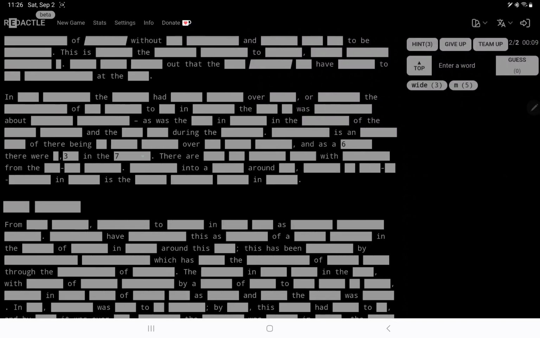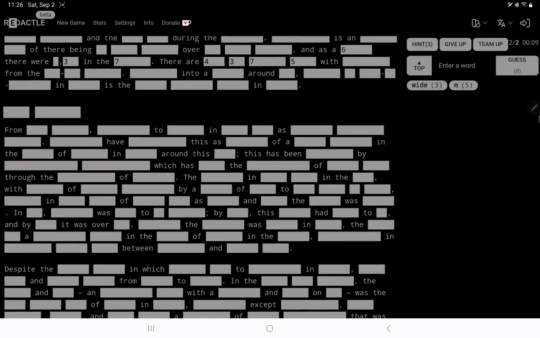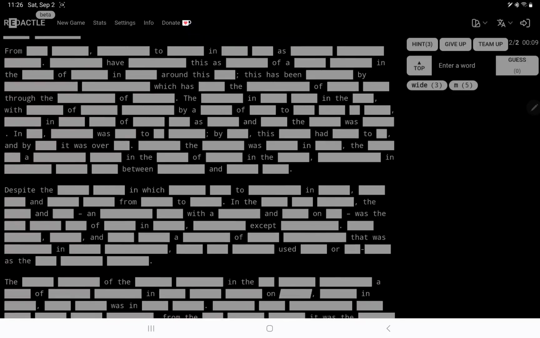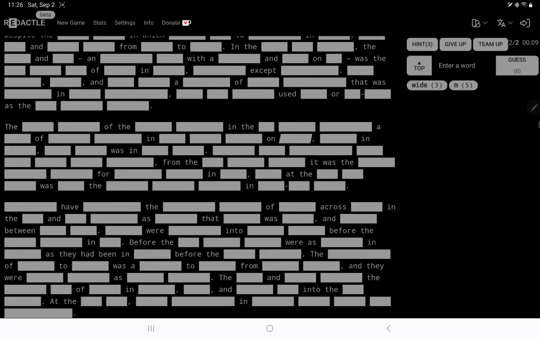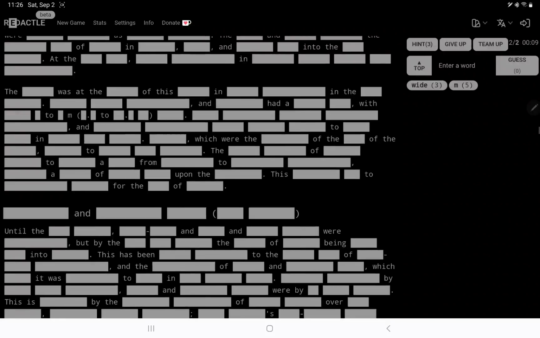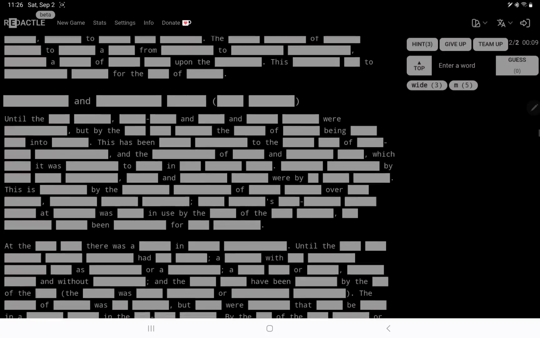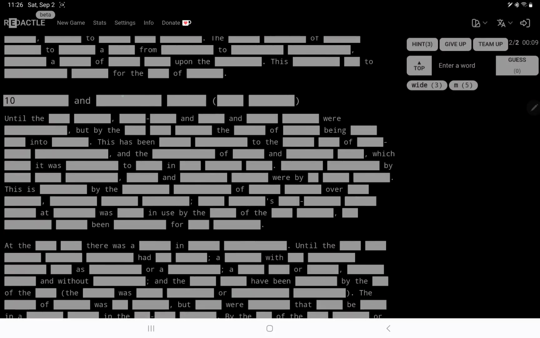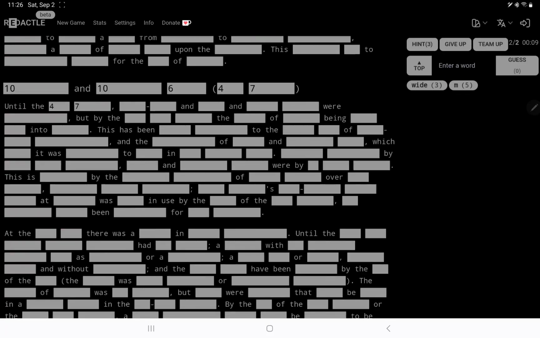And as a result, there were so many thousand in the 7. Here's more meters. 10 and 10, 6 until some century.